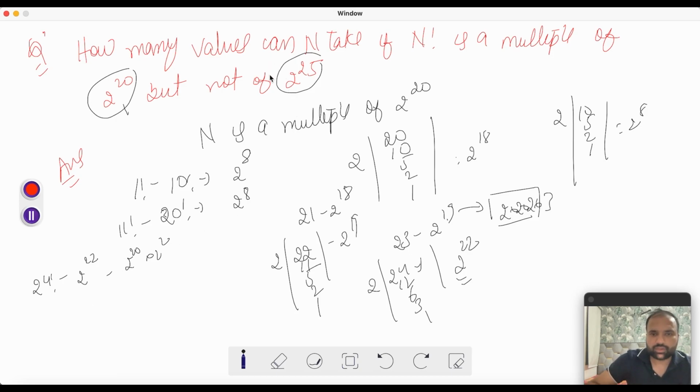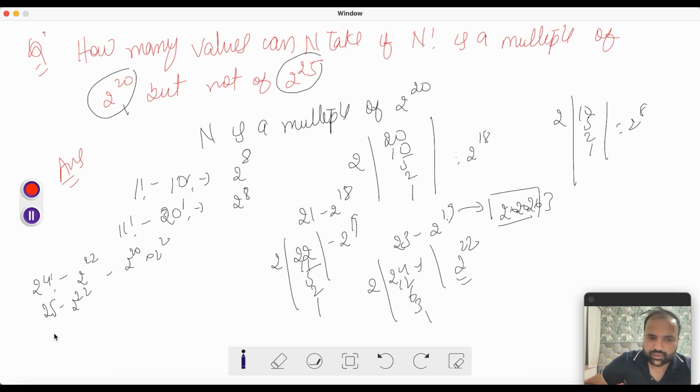Don't worry, we'll do many questions related to that so that you understand what we are trying to do. It says, how many values can n take if n is a multiple of 2 to the power 20, but not of 2 to the power 25? So 24 factorial is 2 to the power 22. Again in 25, we are not adding any 2, so the power will be the same.